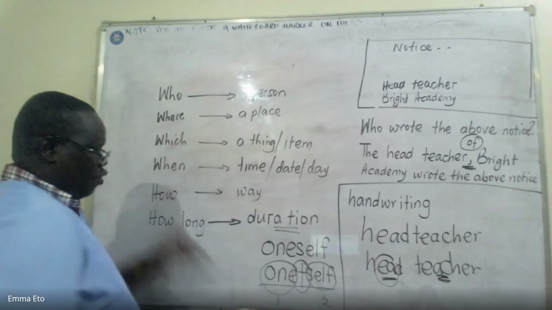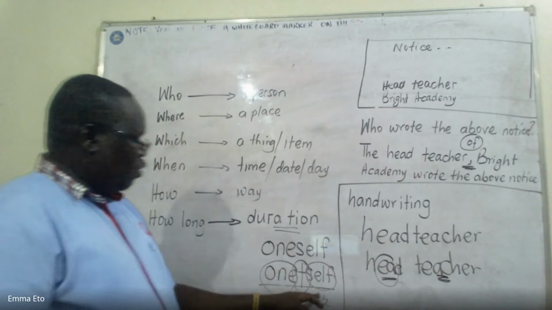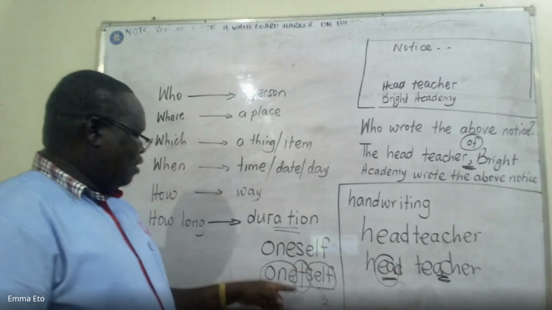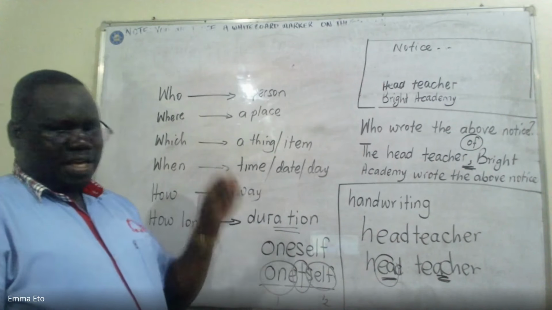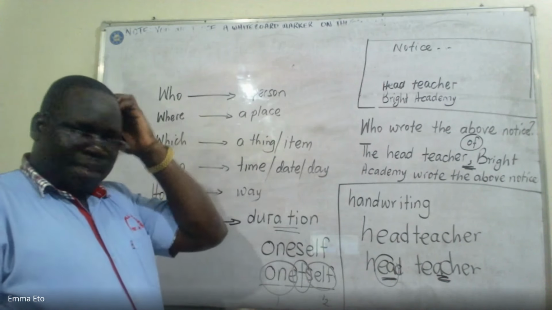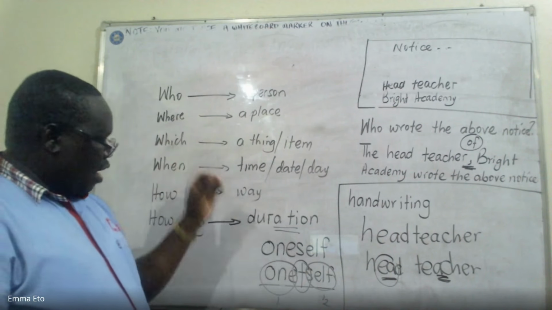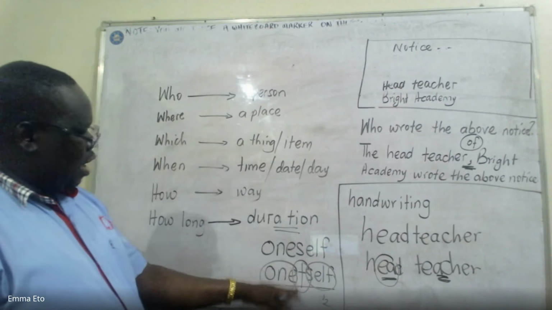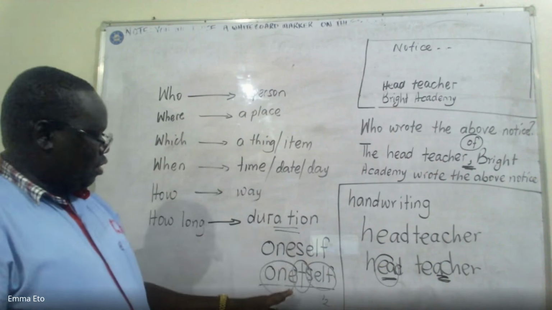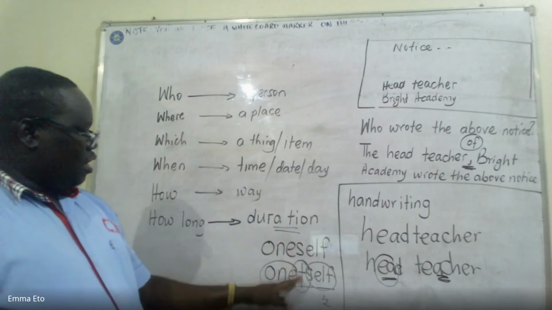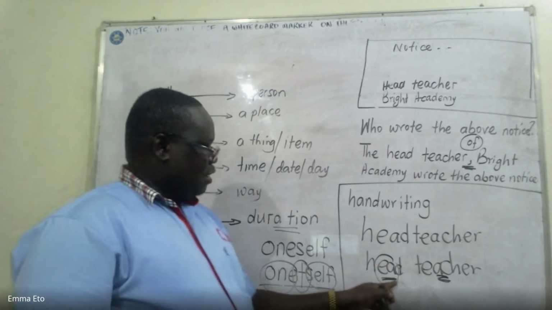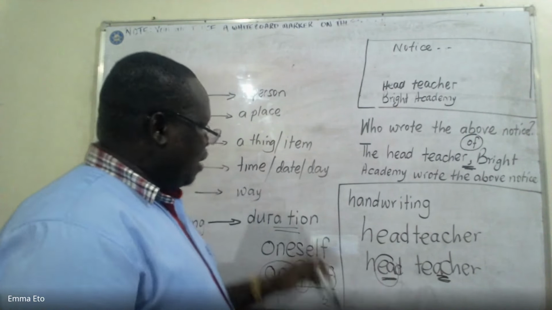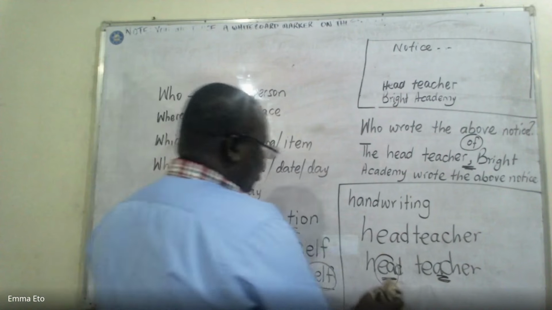I will have the original meaning of one and the original meaning of self, which is far different from oneself. This one is equally highly punishable. Equally punishable. And you lose a mark straight away. This is called unnecessary spacing. This is unnecessary joining.